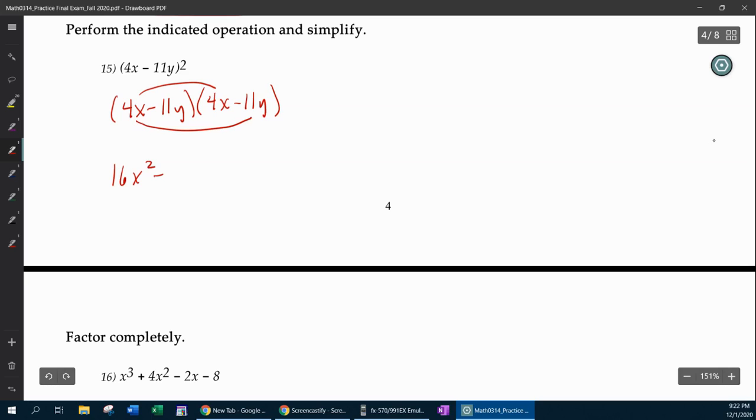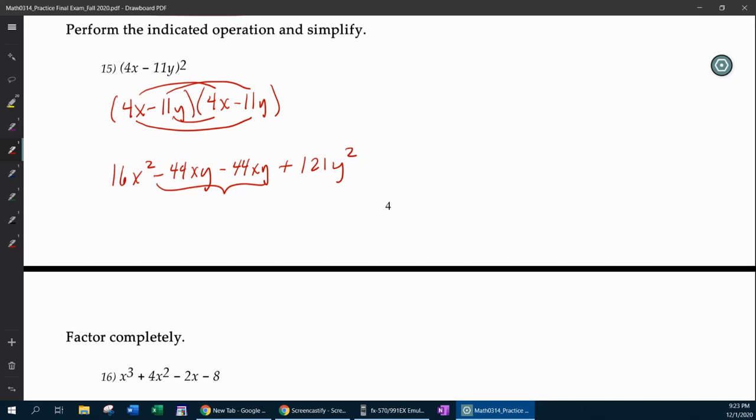On the outside, negative 44xy. On the inside, negative 44xy. Last but not least, we have a negative times a negative makes a positive. 11 times 11 is 121. Y times y is y squared.